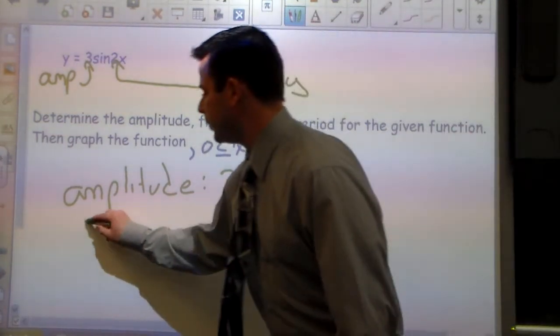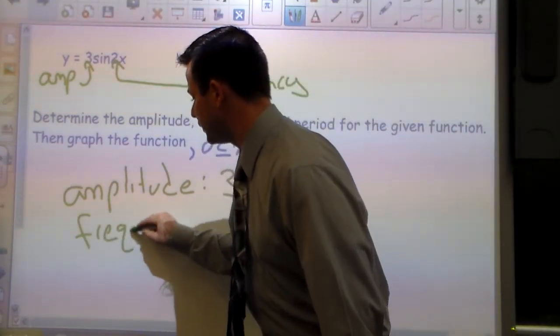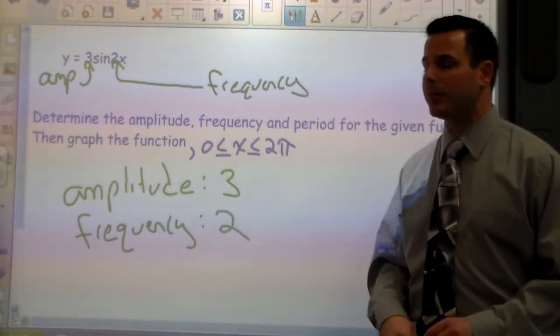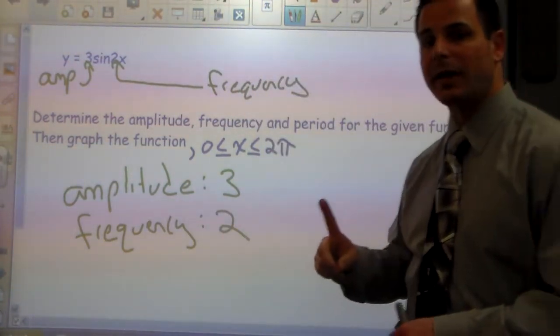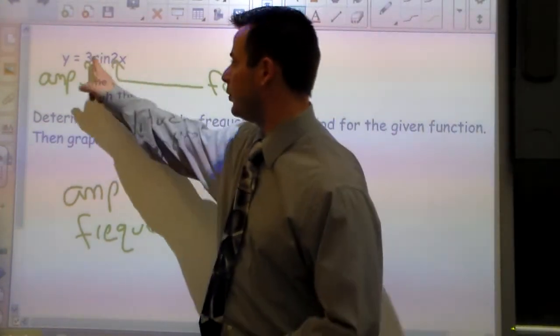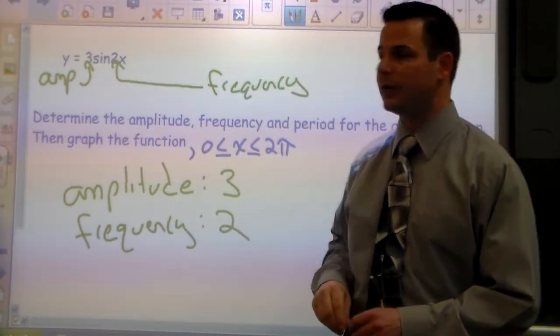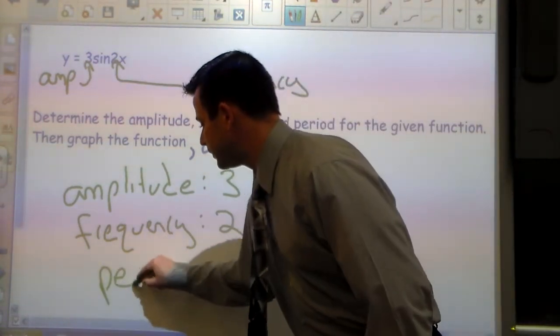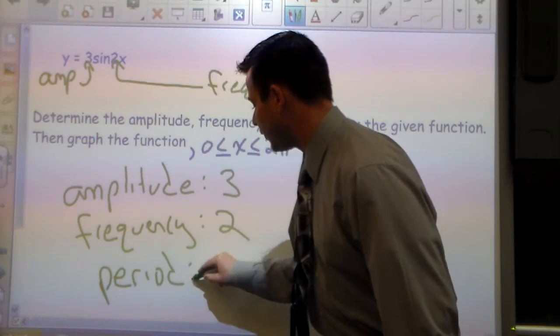The frequency we already found was 2. And that is simply the number that's in front of x. So that's a dilation in an x direction rather than a y direction. So this is a dilation in the y direction, and this is a dilation in an x direction. The period has a formula.